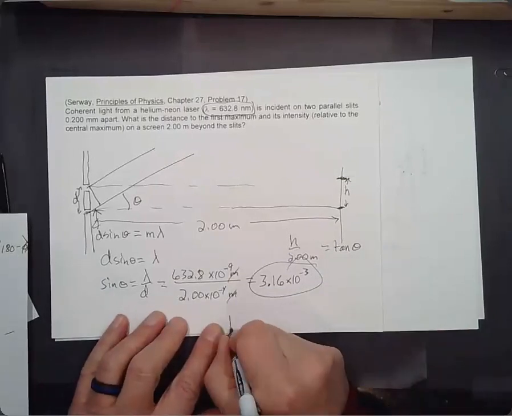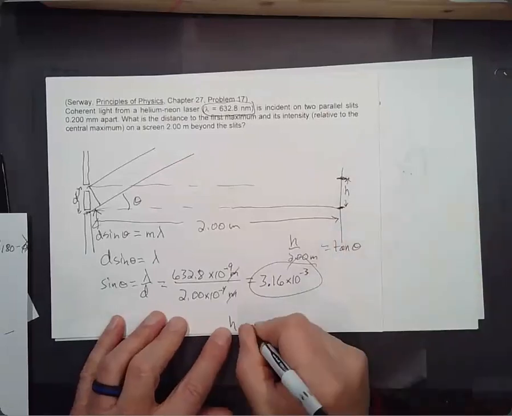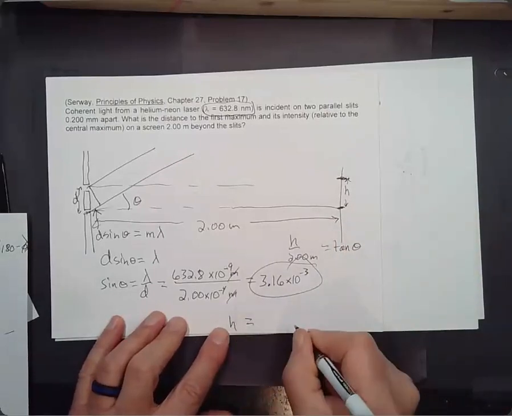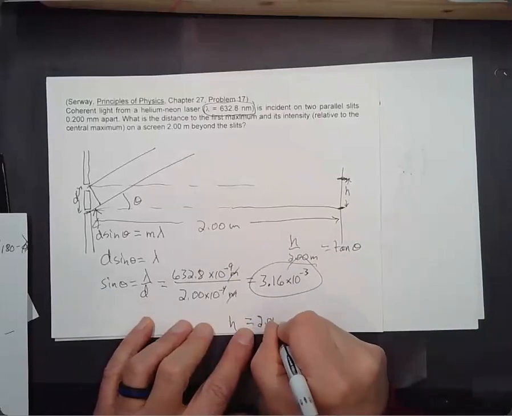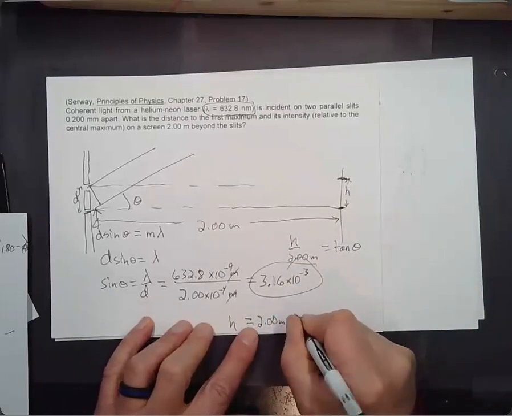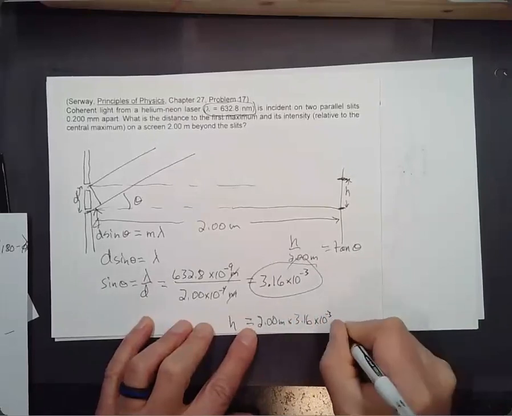So that distance from the central maximum up to here is just going to equal 2.00 meters times 3.16 times 10 to the minus 3.